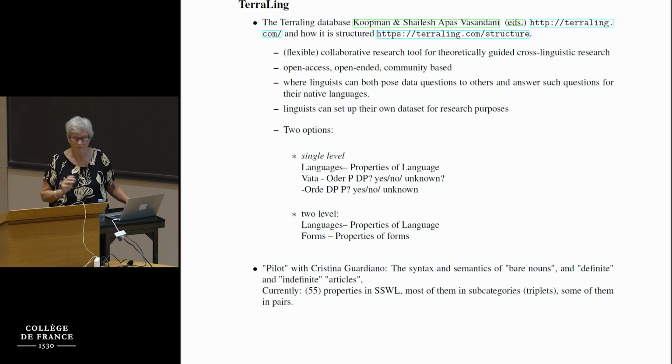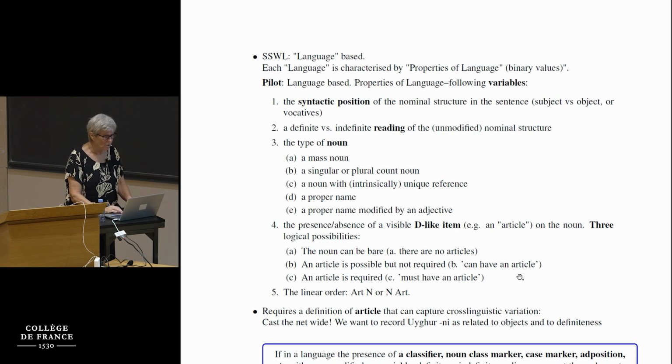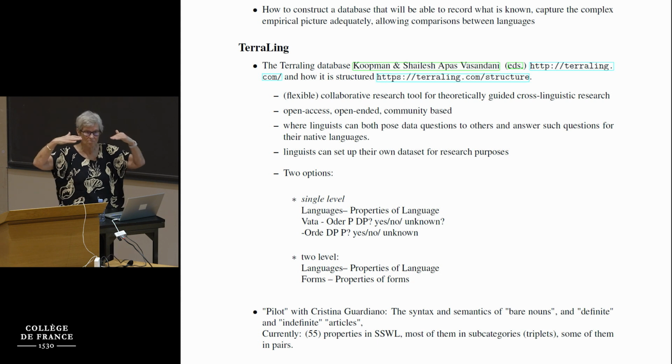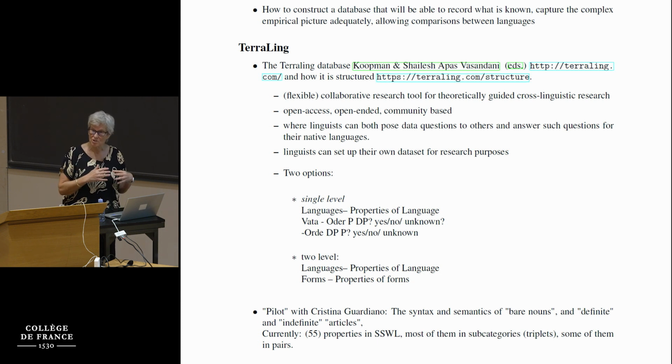But there's also the possibility of doing two-level data sets, which we started exploring earlier. So instead of having one level with languages and properties of the language, there's a second level where languages can have forms, and you can define properties of these forms. Then you can compare different forms in a language.